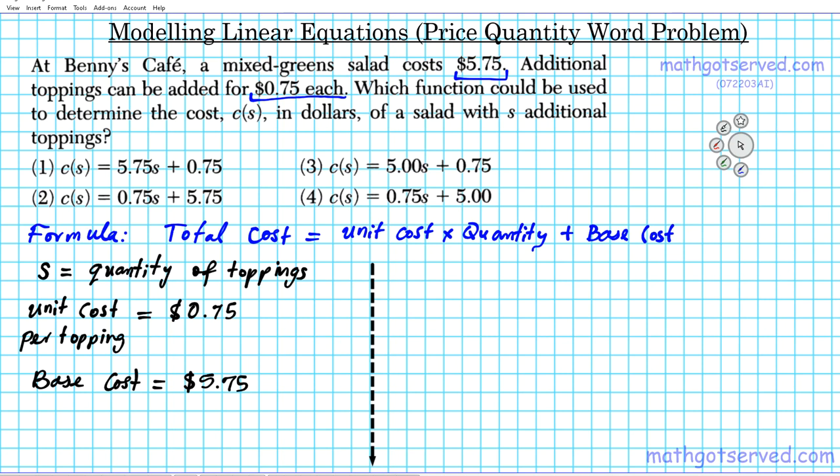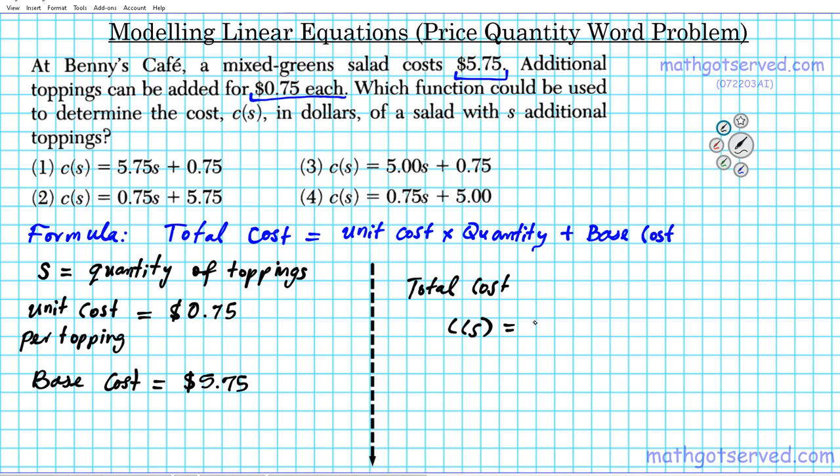Alright, so the total cost is as follows. Let's go ahead and write that down. We're going to call it C of S. Alright, so total cost, which is C of S, is going to be the unit cost times the quantity.